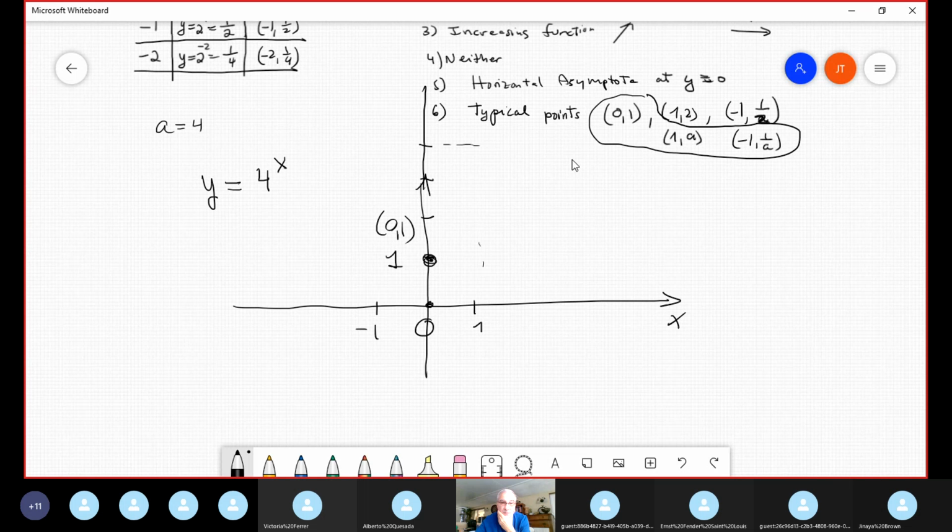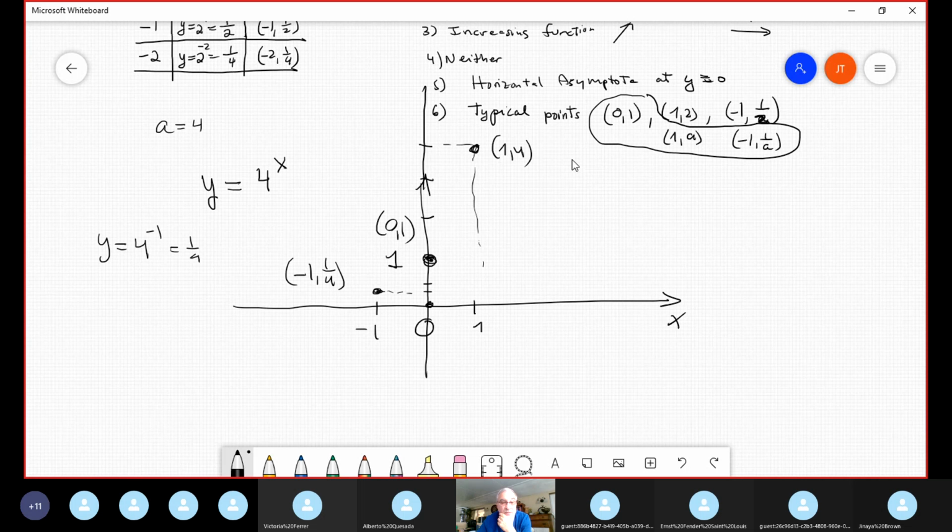Okay? This point is the point 1,4, the base. When the exponent is 1, it's 4. And when it's negative 1, it's 1/4, because y equals 4 to the negative 1 is 1/4. So 1/4, half of the half, 1/4 here. And the point is negative 1, 1/4.